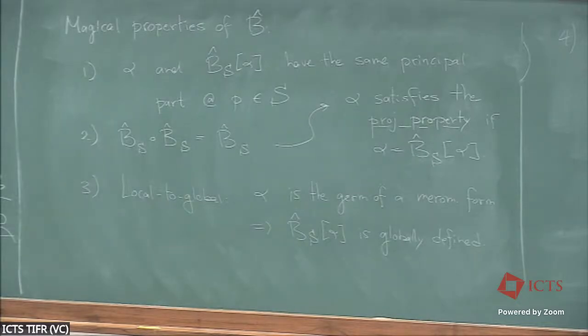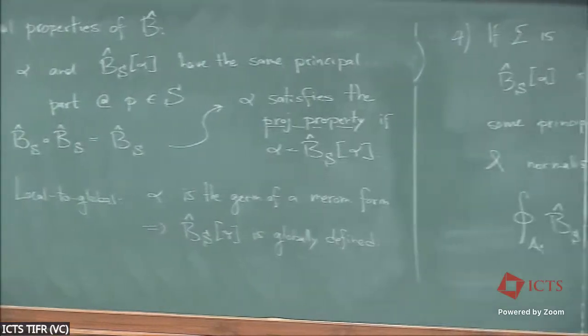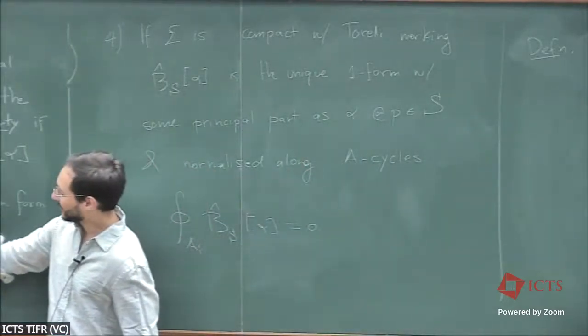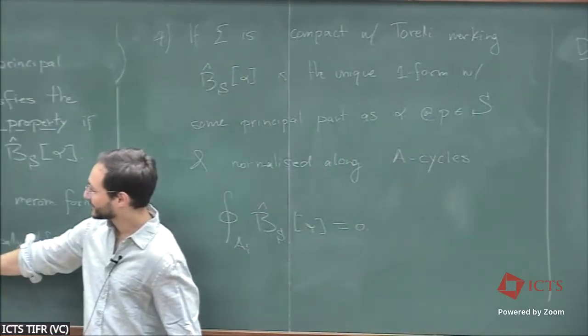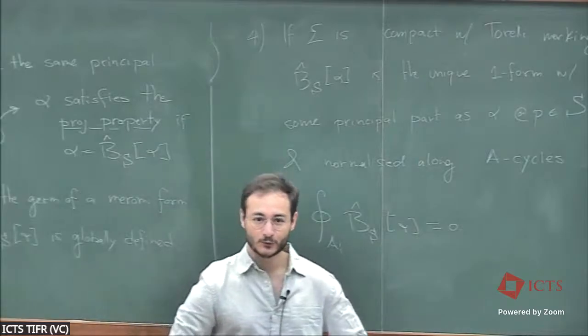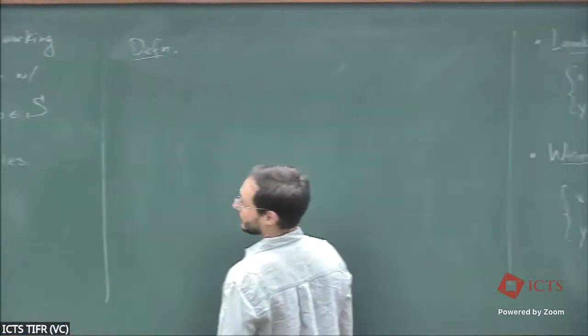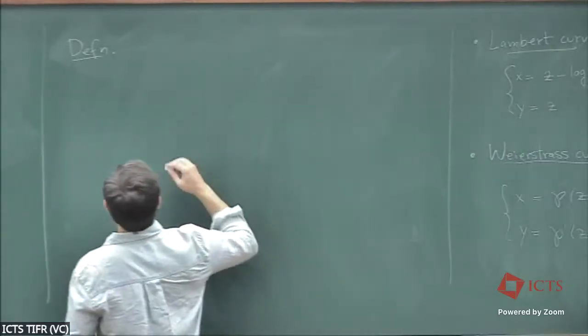Good. Just to show you how you can use this B hat, I will state one definition and one lemma. As we said in property 3, B hat is extremely nice because it allows you to globalize only locally defined one forms, and this is exactly what we're going to do.